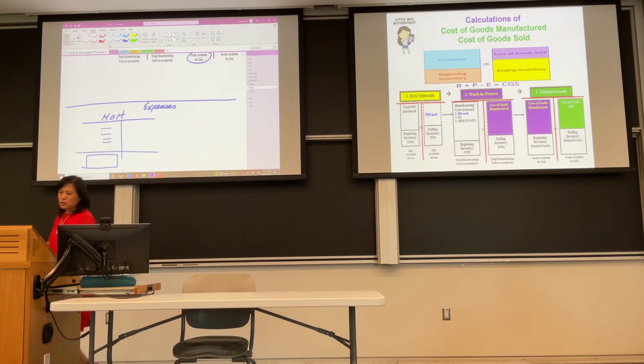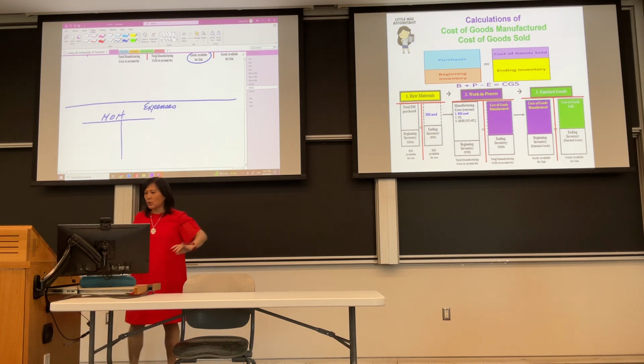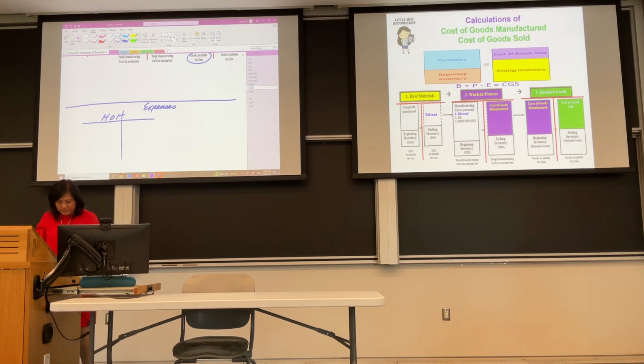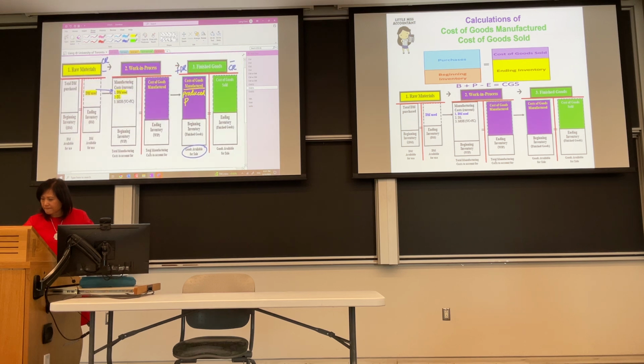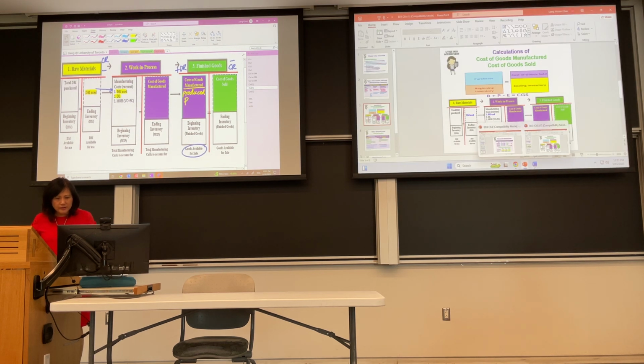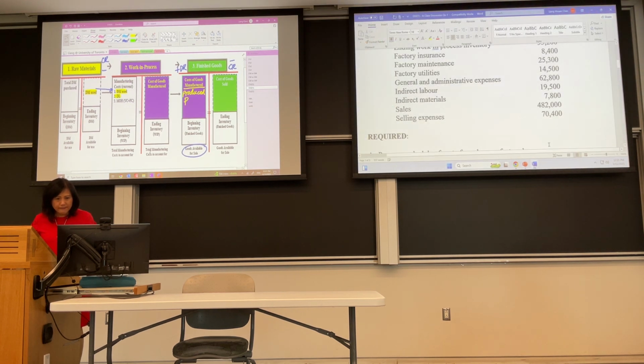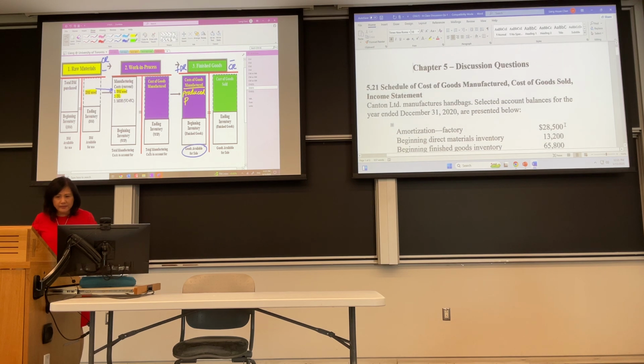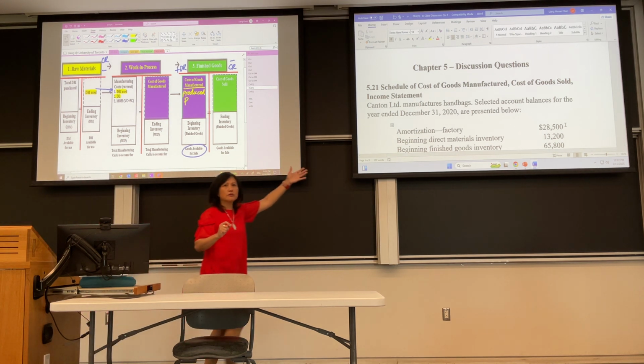Now I want to do one question with you and make sure you know how to solve the problem. Cost of goods manufactured and cost of goods sold. So this question wants us to figure out cost of goods manufactured and cost of goods sold.